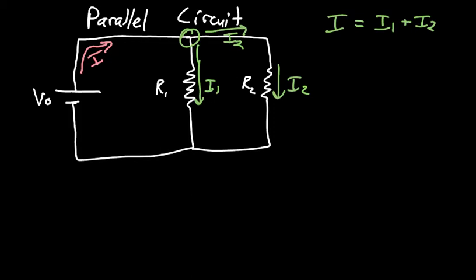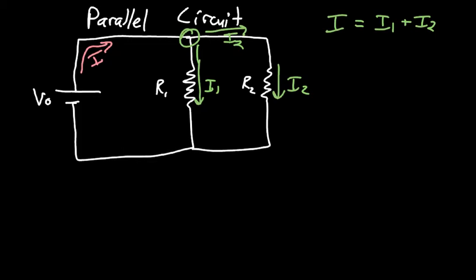Alright, now how big are I1 and I2? Well, we can figure those out with Ohm's law. So I equals delta V over R, but what's the delta V? How much does our voltage drop as we go around this circuit? Well, if we trace a charge around any loop, we start at this point right here. We go down by some voltage that we could call delta V1, and then around here back to our battery and up by V0.